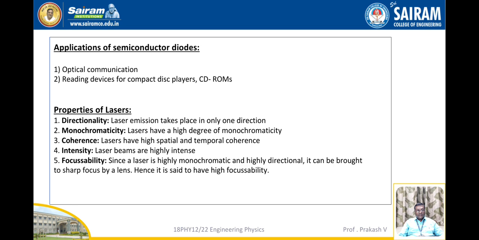And monochromaticity, that means lasers have a high degree of monochromaticity or a single wavelength. And high coherence, lasers have high spatial and temporal coherence. Intensity, laser beams are highly intense in nature. And focusability, since a laser is highly monochromatic and highly directional, it can be brought to sharp focus by a lens, hence it is said to have high focusability.